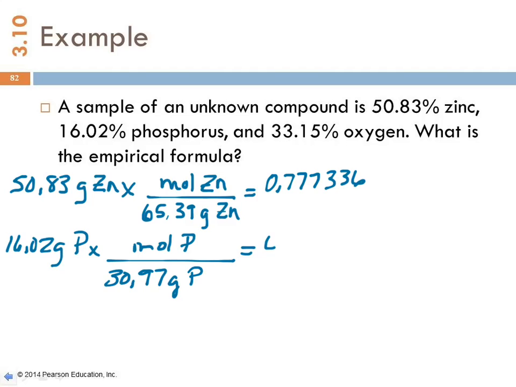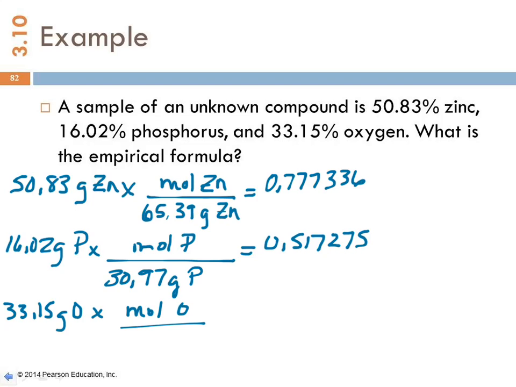We're getting 0.517275 and 33.15 grams of oxygen times moles of oxygen over 16 grams of oxygen.